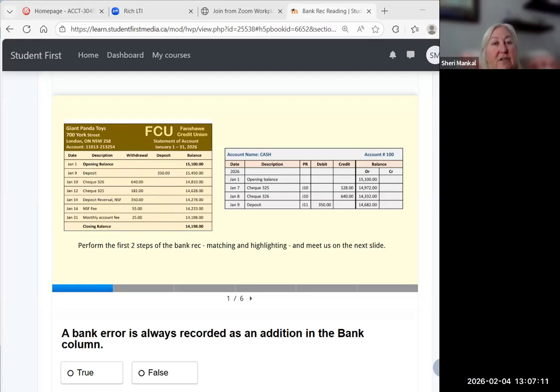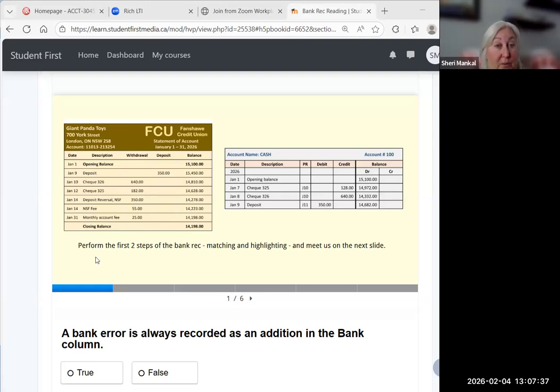They'd have to take the $500 out of our account and they charge us a fee for that. So an NSF check is when we've deposited a customer's check, but the customer doesn't have enough money in their account to cover it. So the bank reverses the deposit and charges a fee for that. So NSF checks, the amount gets reversed, and there's also a service fee included.